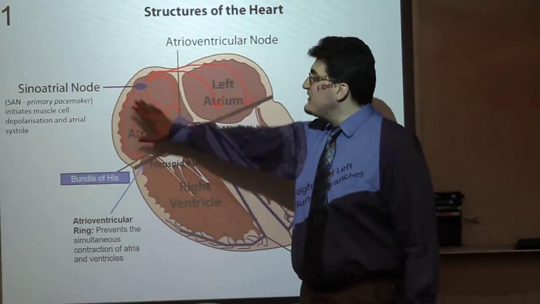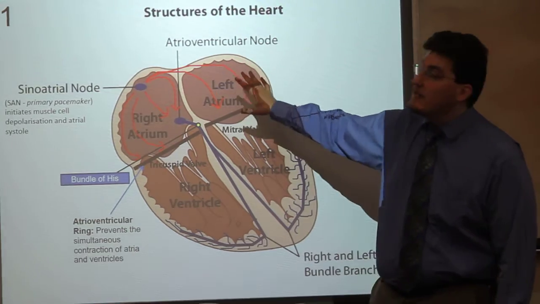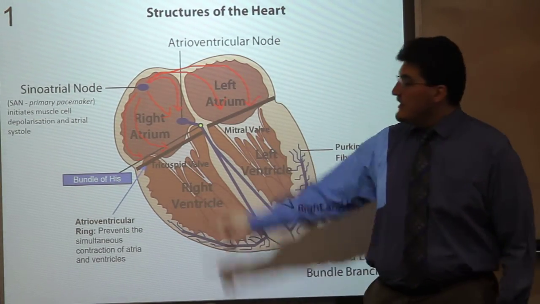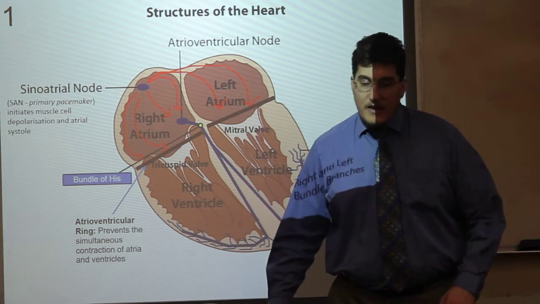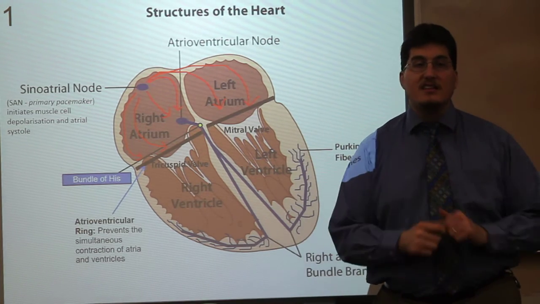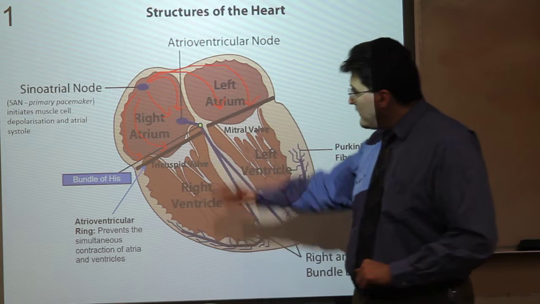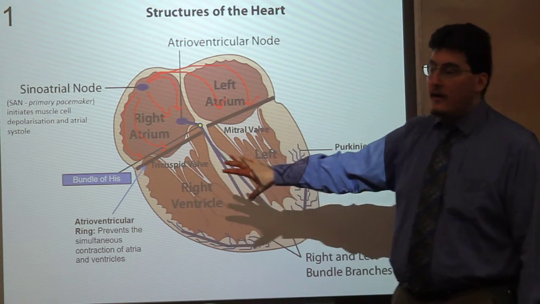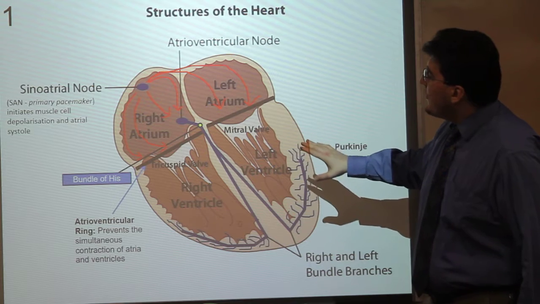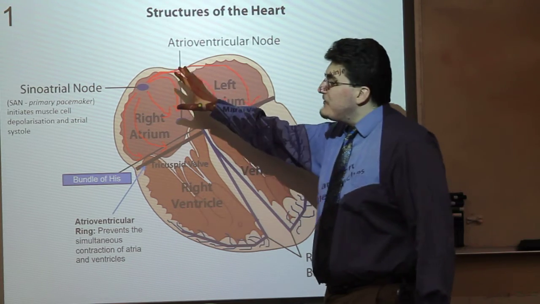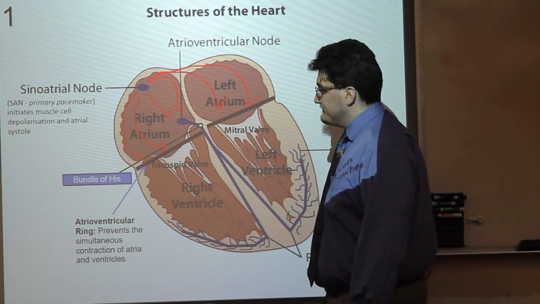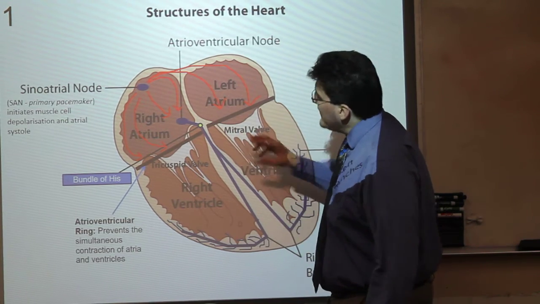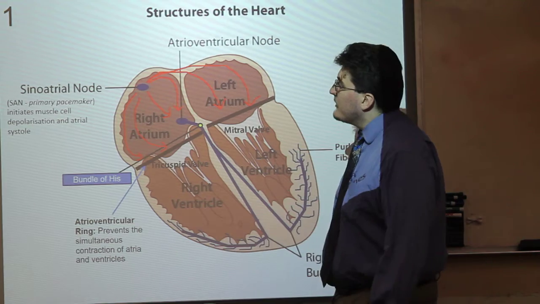Now, this depolarization, this wave, will be blocked by the atrioventricular ring. The atrioventricular ring is a ring of non-conductive tissue in between the atria and ventricle. Now, this wave of depolarization is going to stimulate the atrioventricular node right here.